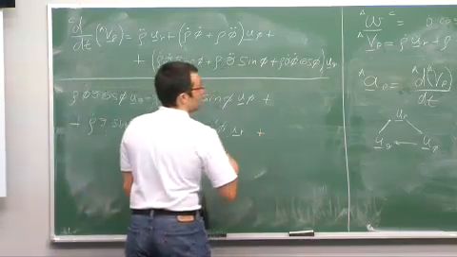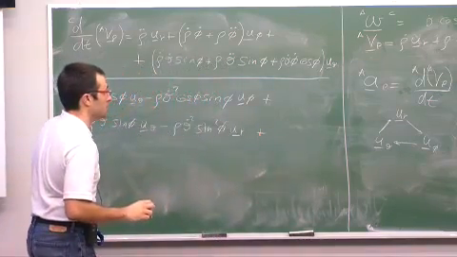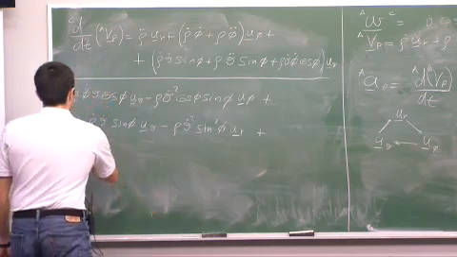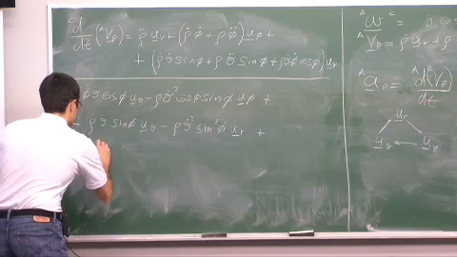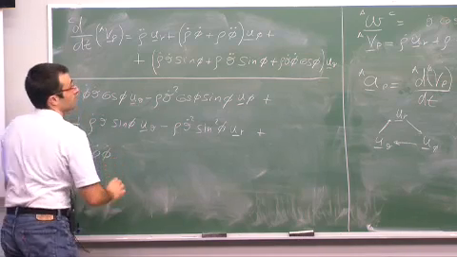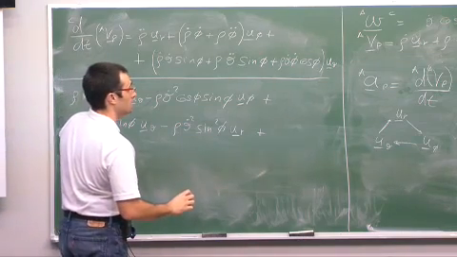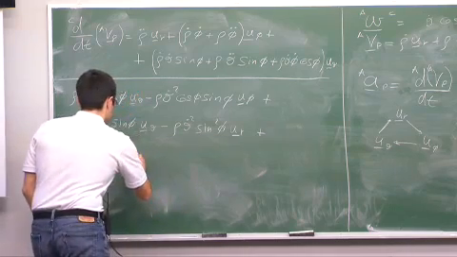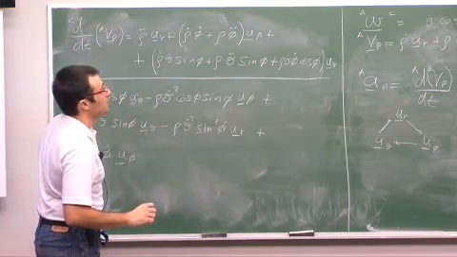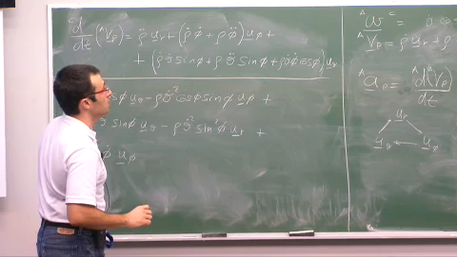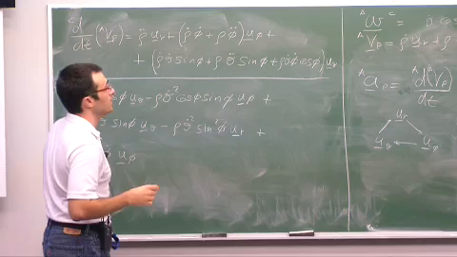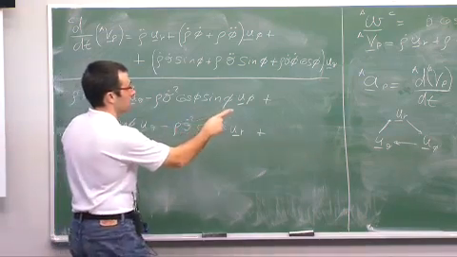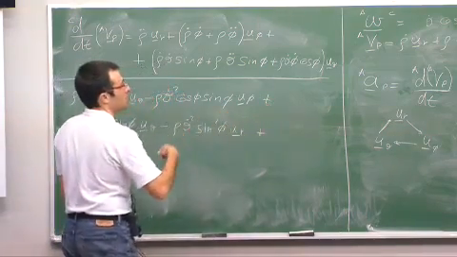Last one. U theta cross with ur. U theta cross with ur is u phi. So I have rho dot phi dot u phi. It's kind of difficult to do it on two boards. U theta cross with u phi. This is really the last one because the last one is u theta cross with u theta. U theta cross with u phi is minus ur.